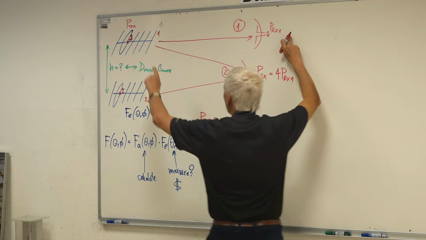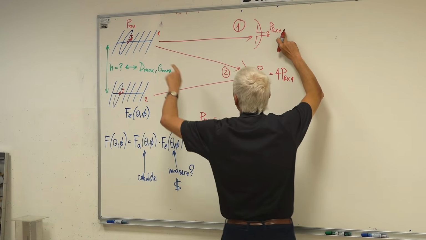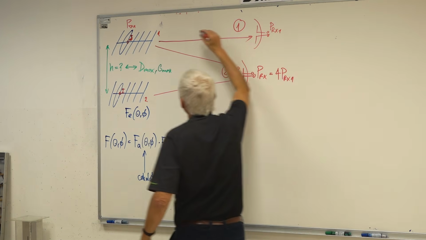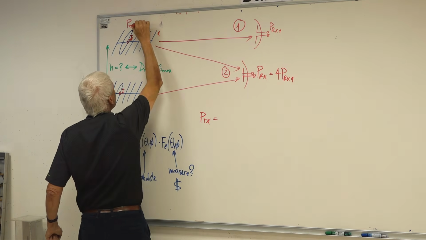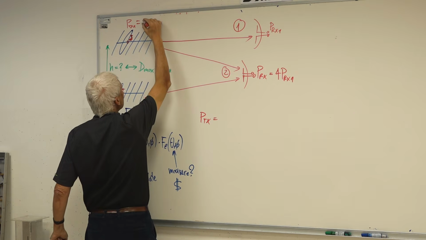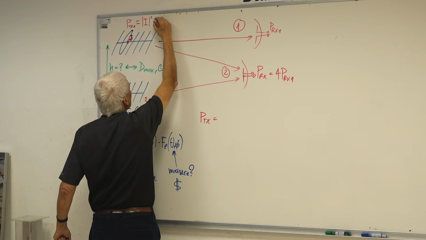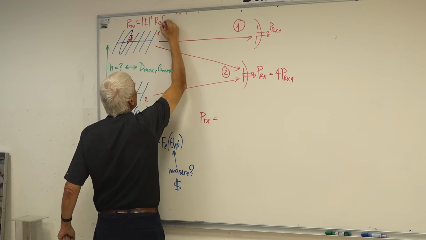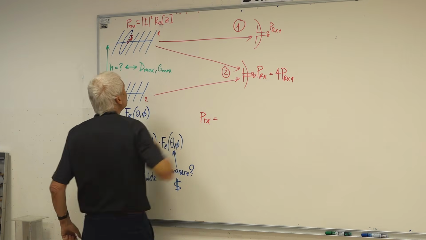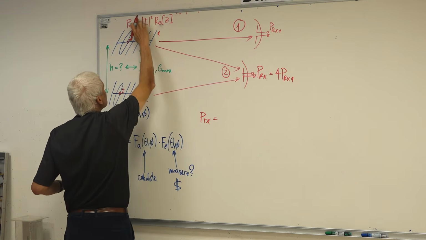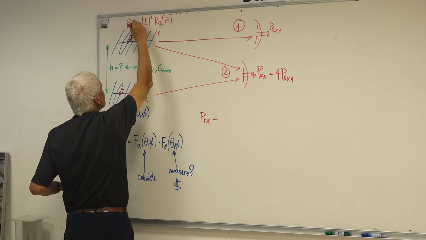If I only have one antenna connected, this is just P transmitter 1 in the case of one antenna. It's just the absolute value of I squared times the real part of the impedance of this antenna, times 1/2, because these are peak values.